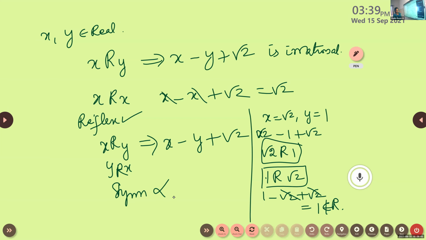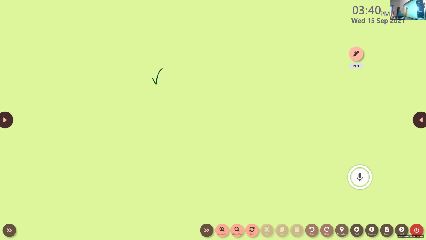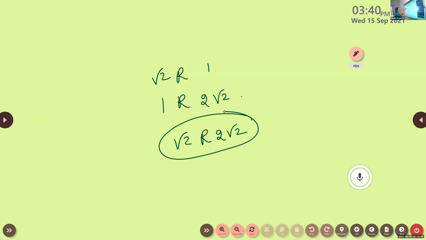What about transitivity? For this also you can take an example like this. Root 2 is related to 1, and 1 is related to 2 root 2. Now check whether root 2 is related to 2 root 2. Root 2 is related to 1 means root 2 minus 1 plus root 2, which is irrational.